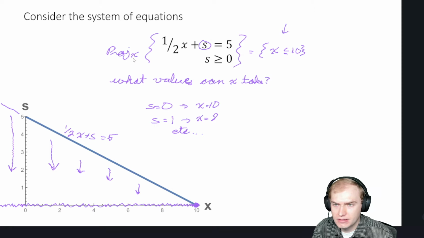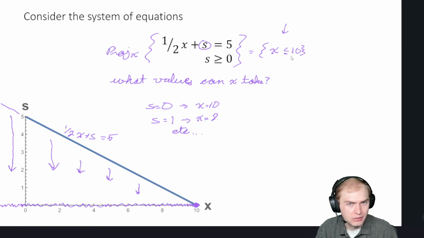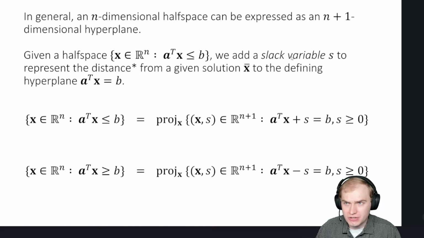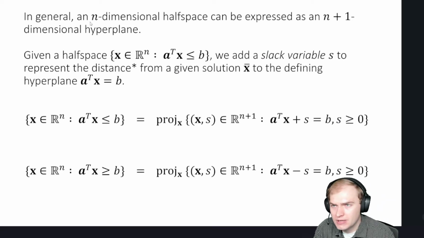This works because when we project out that new slack variable, as we'll call it, we're left with our original inequality. So in general, an n-dimensional half space can be expressed as an n+1 dimensional hyperplane.